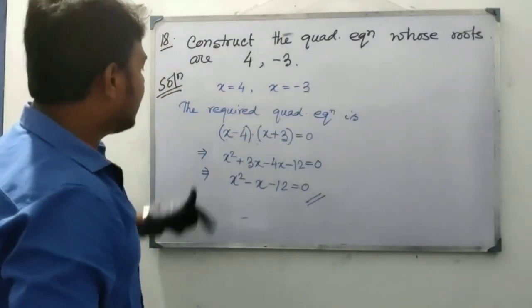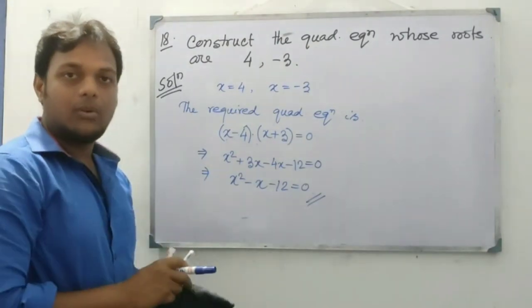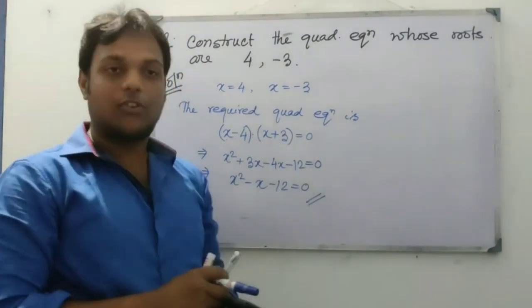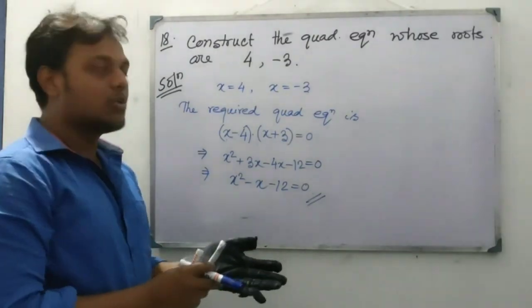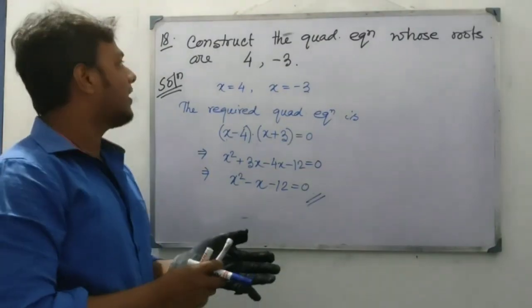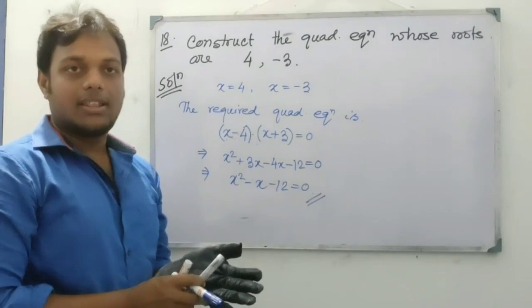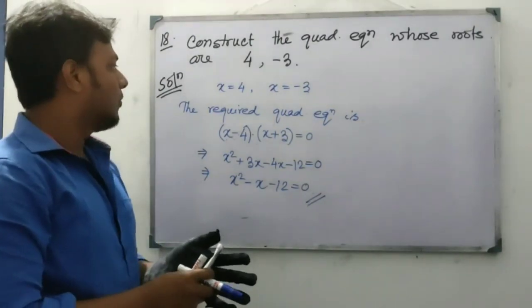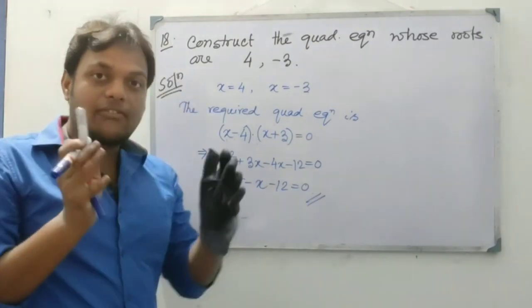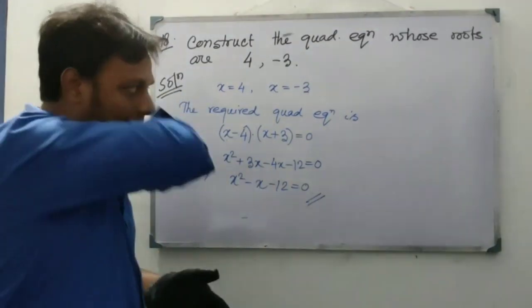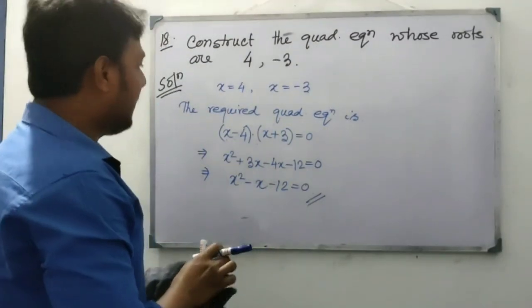Next, actually this is a very long way. Now we will generate a formula so that directly by putting the roots we can construct the quadratic equation. That's why we have to consider two arbitrary roots. That means we have to make a frame. Understood? Okay, I am making the frame.